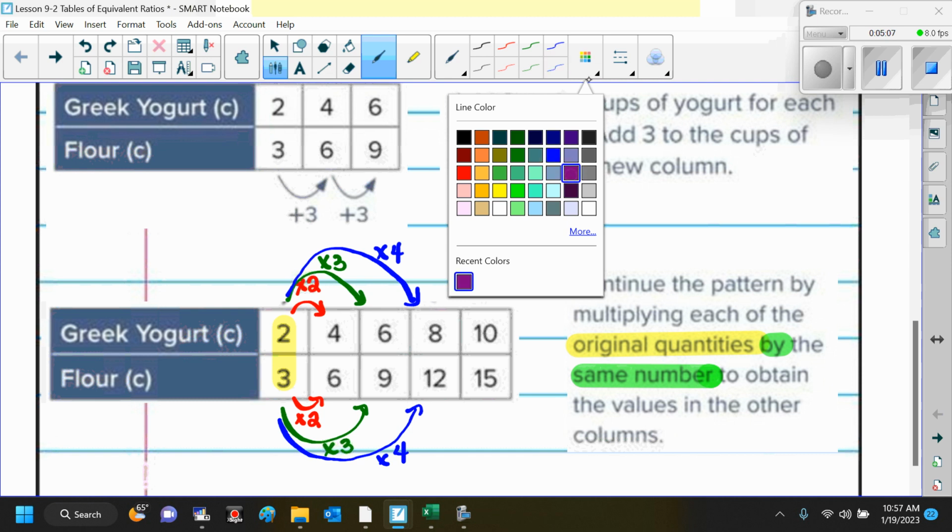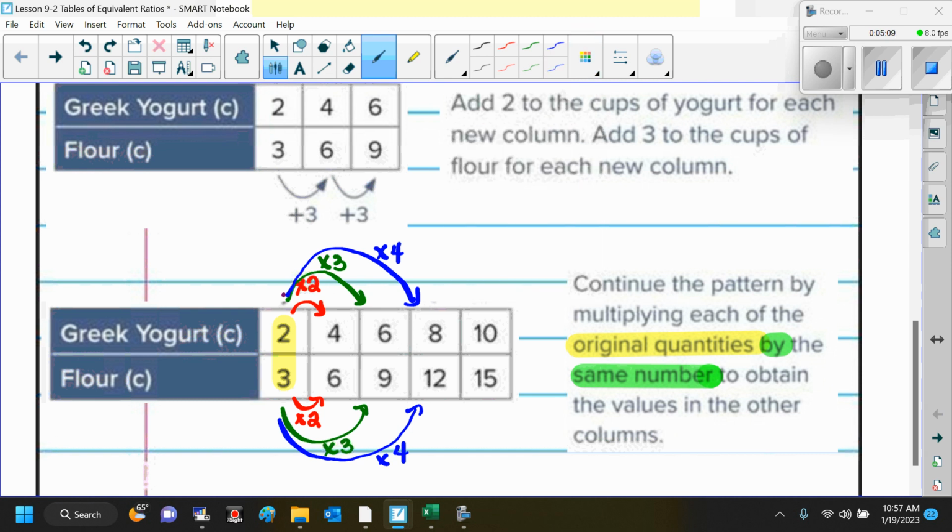So, finally now we've got the 2, the original, and we're going to multiply times what to get to 10? Times 5. Not 5 times 5, 2 times 5. Right. So now 2 times 5, that gives me 10. I'm going to multiply times 5 in the denominator. So 3 times 5 is 15. Okay? So all of these are equivalent ratios.